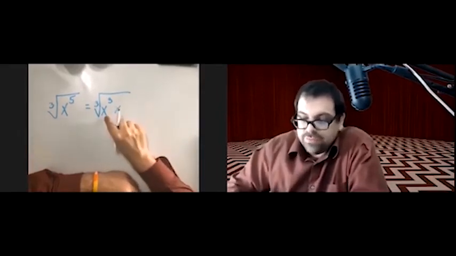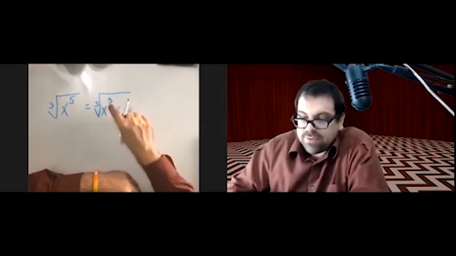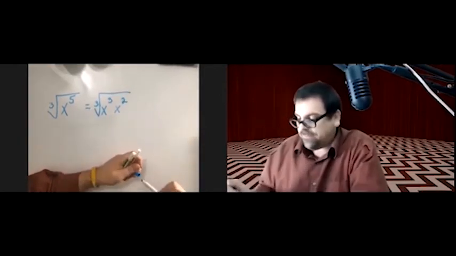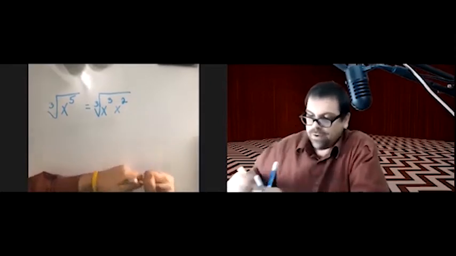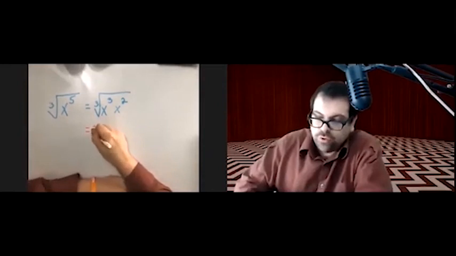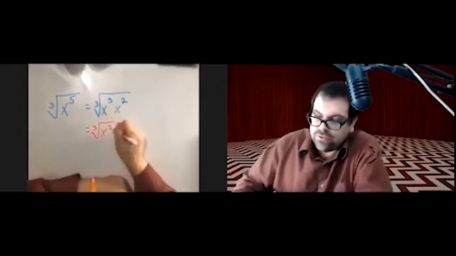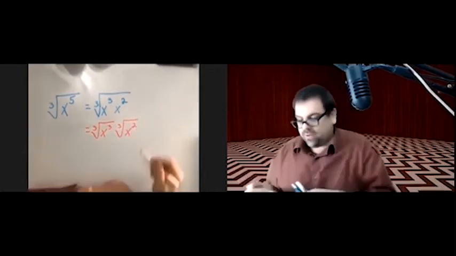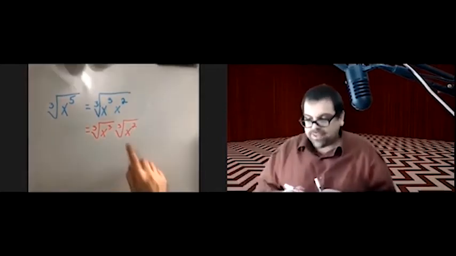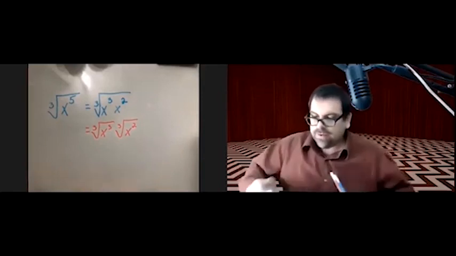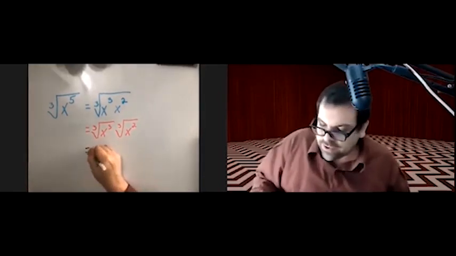With an x cubed, it would have to, since we add the exponents, 3 plus 2 is 5. We split cube root of x cubed, cube root of x squared. We can't simplify the cube root of x squared any, but the cube root of x cubed is just x.